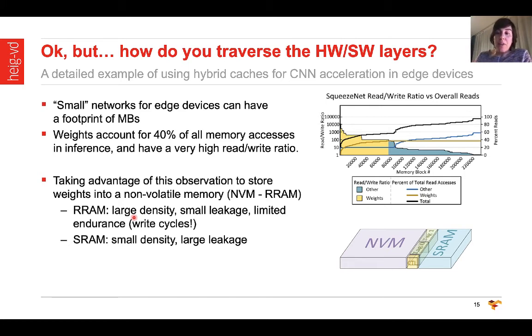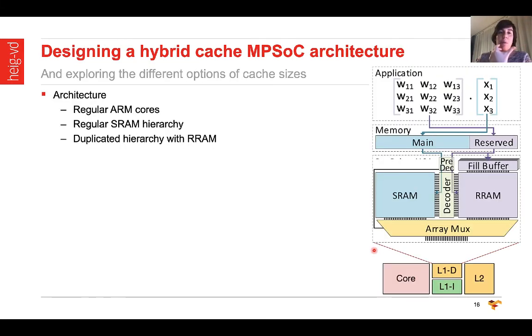So what we decided is, okay, let's propose a system in which we have a hybrid cache, a mixture of SRAM and NVMs. Okay? Good. The numbers themselves from the technology level, we could obtain. But the thing is, how do you put this in the system and how do you simulate this at the system level?